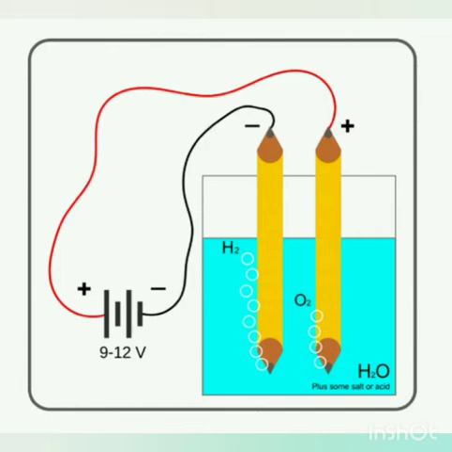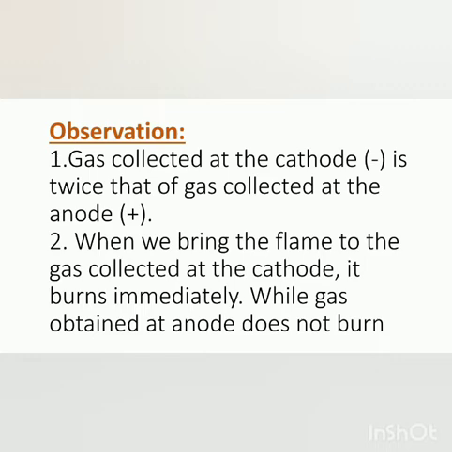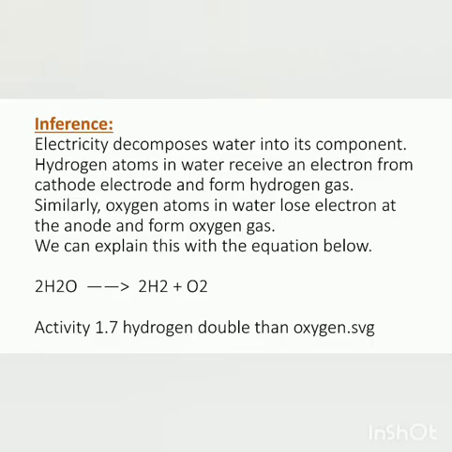Now switch on the battery. We will observe formation of bubbles over the electrodes. When we bring a flame near the gas collected at the cathode, it burns immediately. It means it is oxygen gas. While the gas obtained at the anode burns with a pop sound, so it is hydrogen gas.